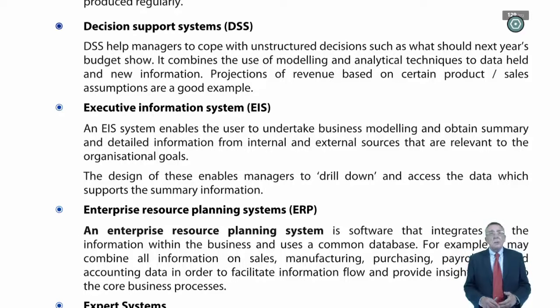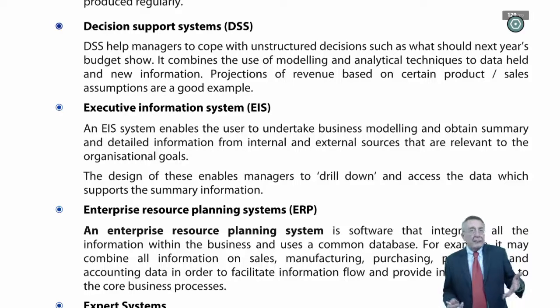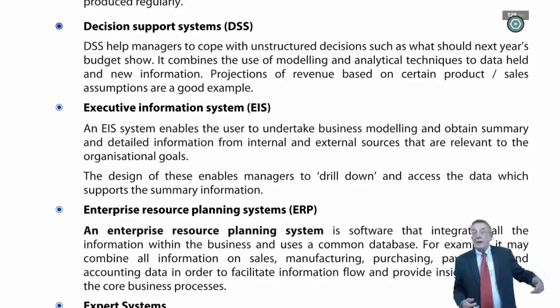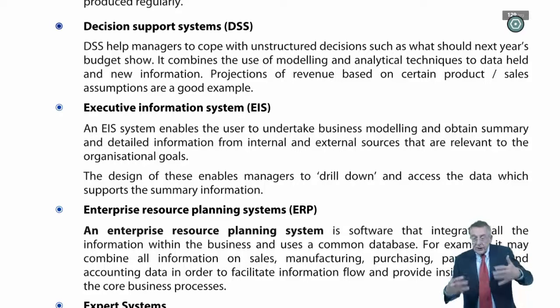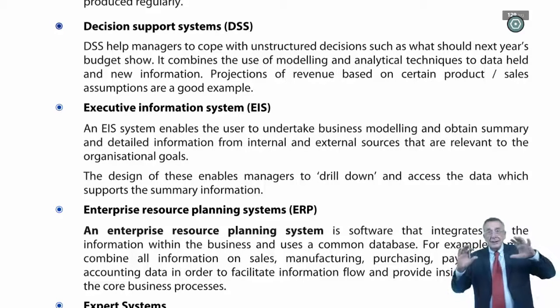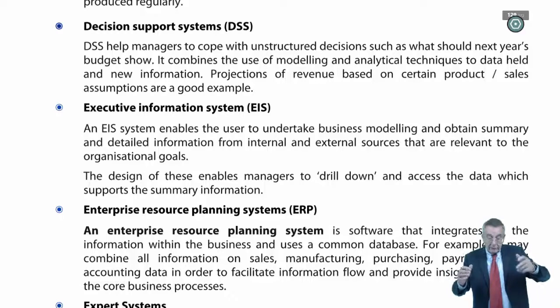Or a more specific example, you should be aware from paper P1, in fact, of linear programming. And we sit and draw graphs and things. Well, you can get linear programming software, which doesn't make the decision for you. We need to get the relevant information and feed it in, but it will help managers make decisions. I'll wind back to the pyramid one last time later, but that's very much at the tactical level.